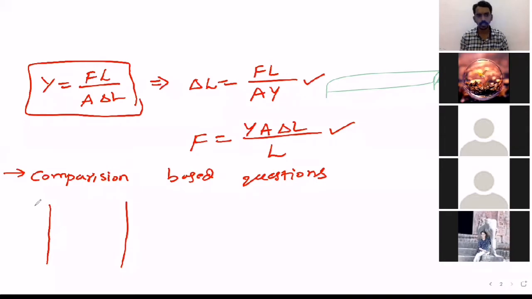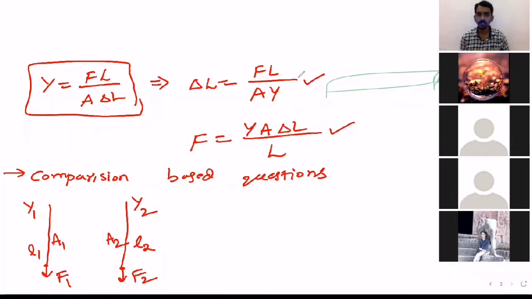Let's take the Young's modulus of one wire as Y1, and of another as Y2. One wire of length L1, another wire of length L2. One wire of area A1, another wire of area A2. One wire you stretch with a force F1, another wire you stretch with a force F2.